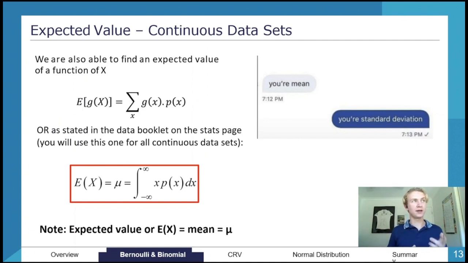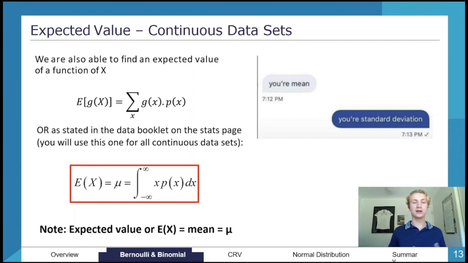However, to find the mean, we have to do this weird thing where we times it by x first. So p of x times x inside that integral in terms of d of x between the upper and lower bounds, which is often negative infinity and positive infinity. Sometimes we have multiple functions and then we break it up. This is going to be our formula, and you can find this in the data booklet.